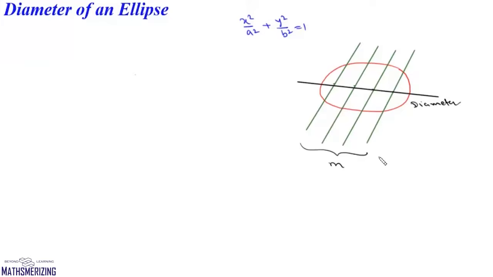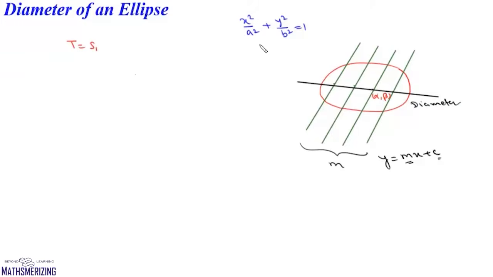So all these lines will be of the form y equals mx plus c, where m is fixed and c varies. Now we need to find the equation of its diameter. Since it is a locus problem, we'll say let the midpoint be alpha beta. We know that the equation of a chord whose midpoint is P is given by T equals S1.